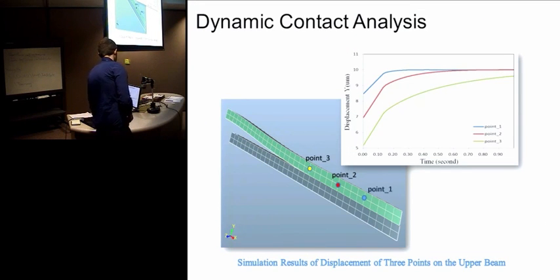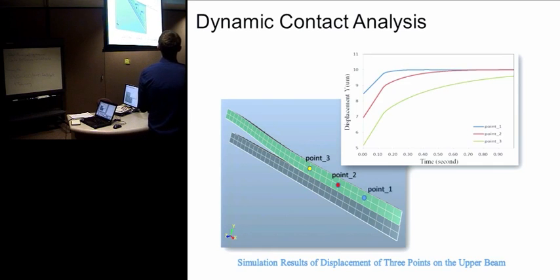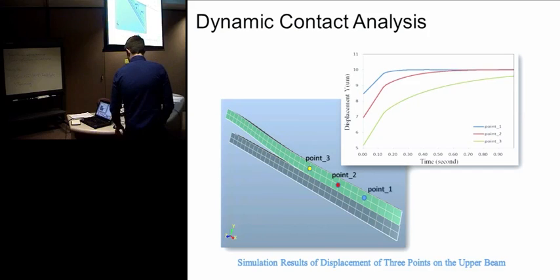So here are just some examples of things we can do in TEM. Here we perform a contact analysis where we have these two beams making contact at several points. And we're able to choose our nodes of interest and see, as we are closing the two beams upon each other, the displacement, and we can see at the top where the contact is made.